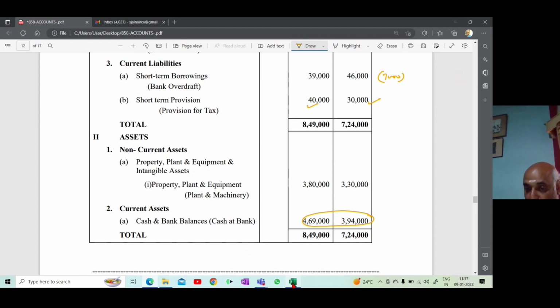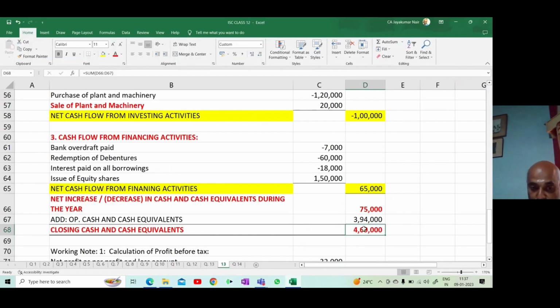This is how you check whether it is right or wrong. So this is the net increase or decrease in cash and cash equivalents. Adding the opening cash and cash equivalents, you get the closing cash and cash equivalents. So question number 13 is completed. We move on to the last question of this specimen question paper.